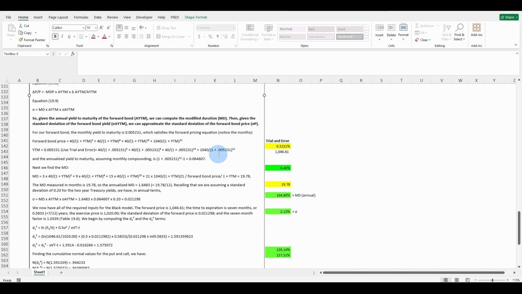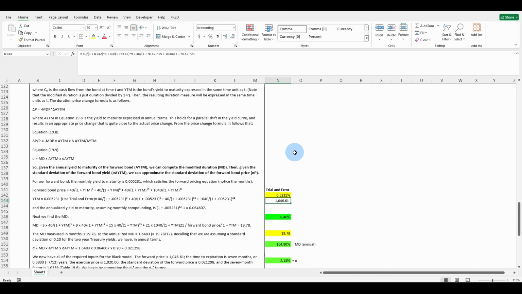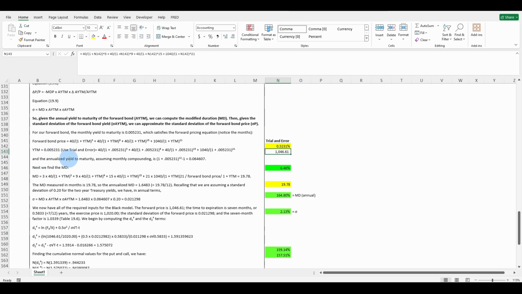We have to equate this rate to 104661. The annualized yield to maturity, assuming monthly compounding, is 6.4607. 1.058, this number here, to the 21st, annual, minus 1 equals 6.46.